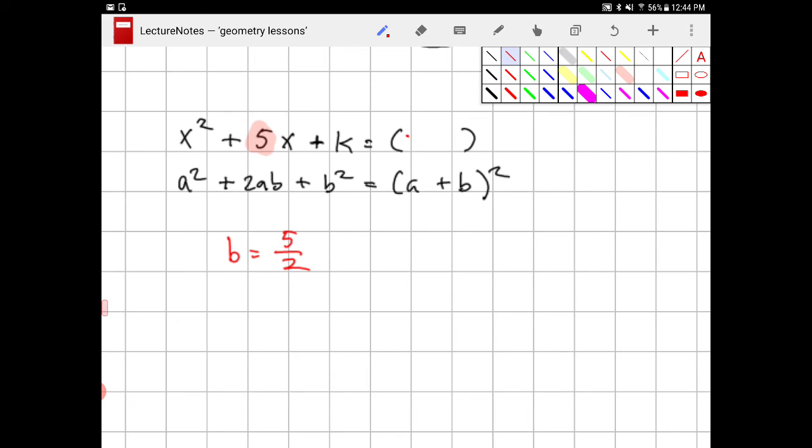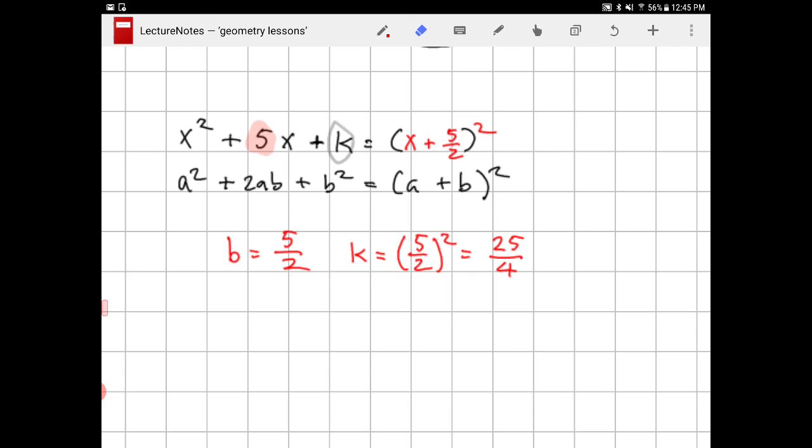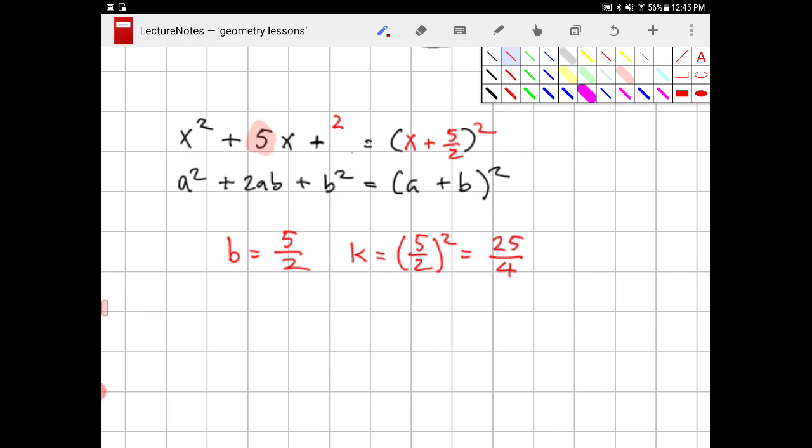So immediately I know that this is going to be x plus 5 halves quantity squared. What exactly is k? K is always going to be that middle number divided by 2 quantity squared. So what's k going to be? K is going to be 25 fourths. So again, k is 25 fourths. And the perfect square is x plus 5 halves squared.